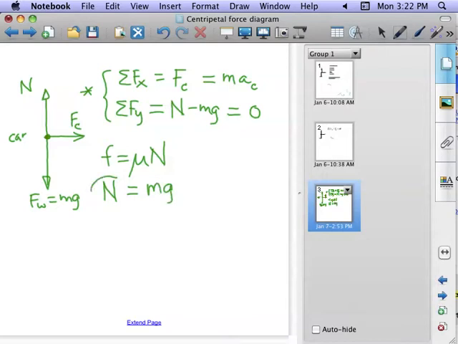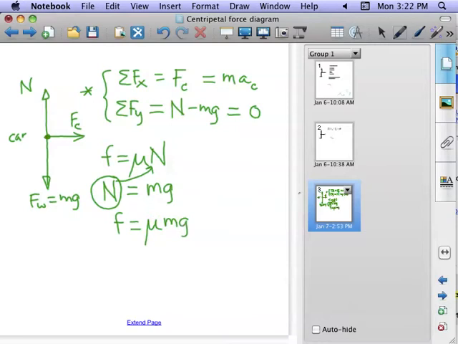Now, since this is N, we are going to substitute in F equals mu mg.